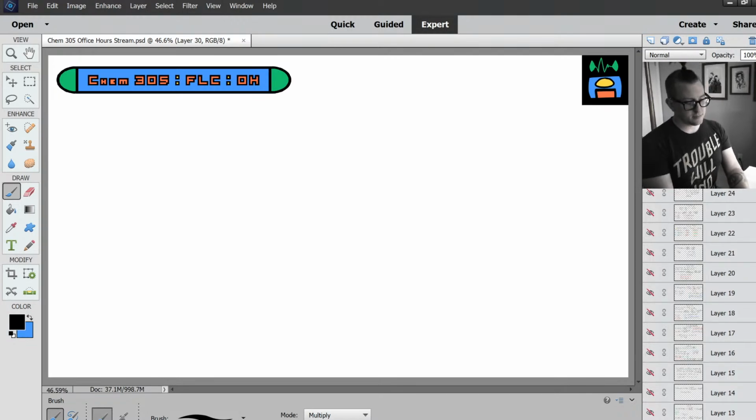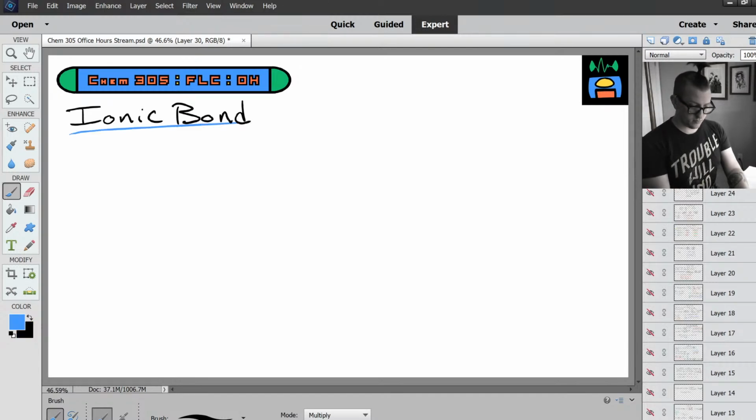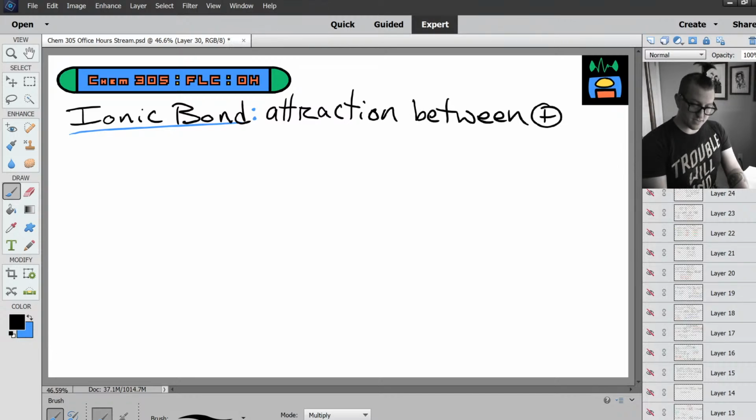So let's think about this. When we're talking about an ionic bond, we're talking about the attraction between positive and negative charges.